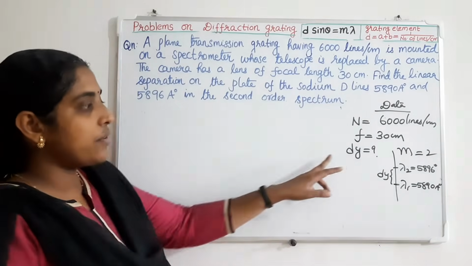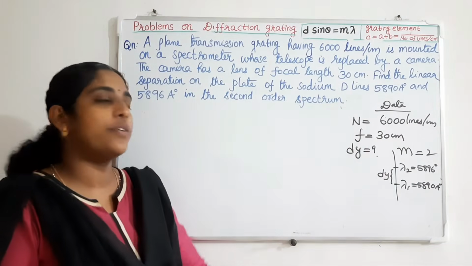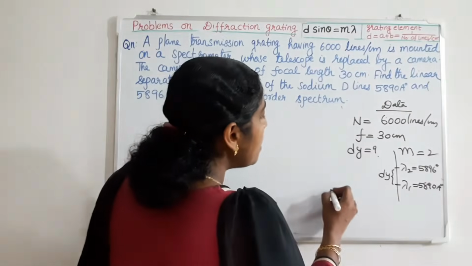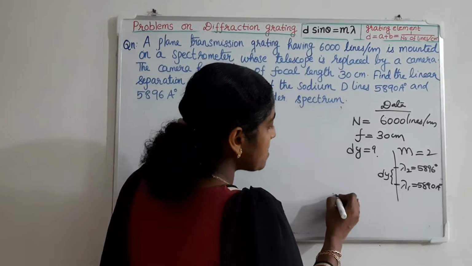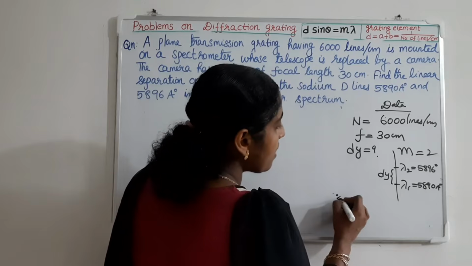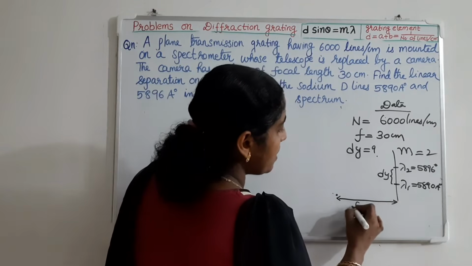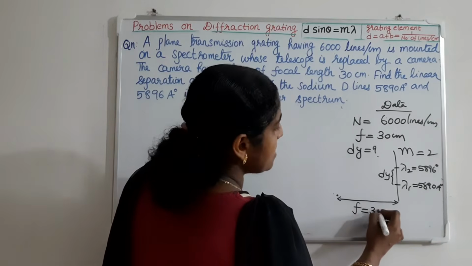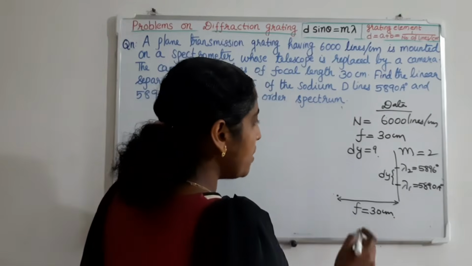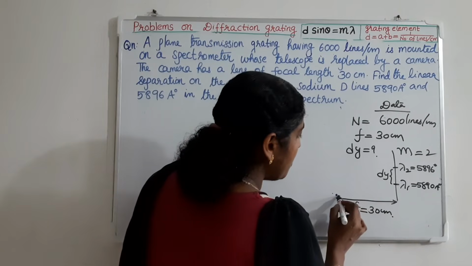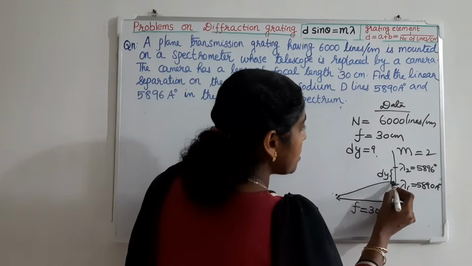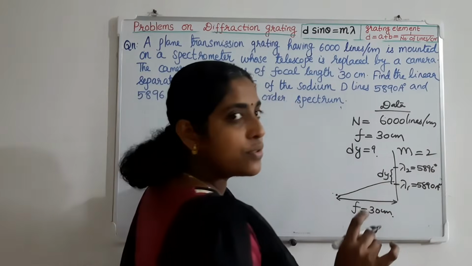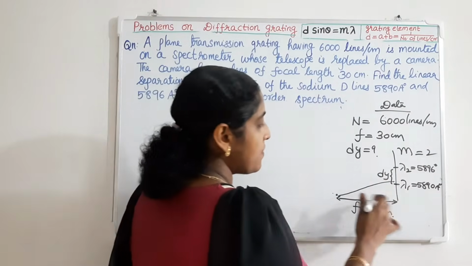So how can we find this linear separation between the two lines? Here the telescope is replaced by a camera, whose focal length is given as 30 centimeter. To find dy, first we find the angle of diffraction corresponding to m equal to 2 for both wavelengths.